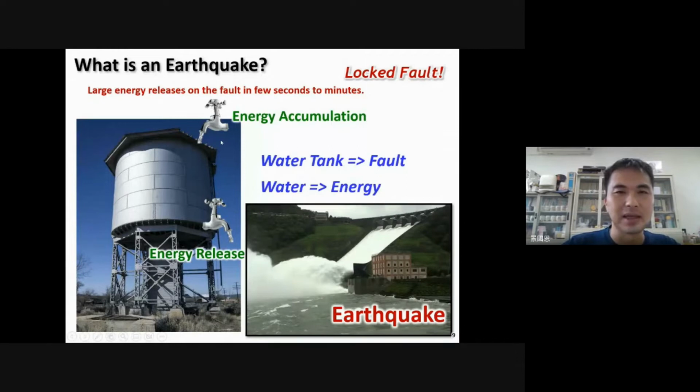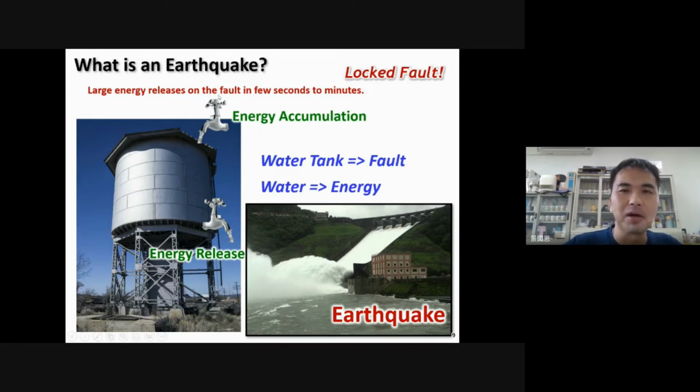Usually the study of energy release is the earthquake study. Based on the earthquake study, we could understand how much energy was released on this fault. We also call it co-seismic deformation study.